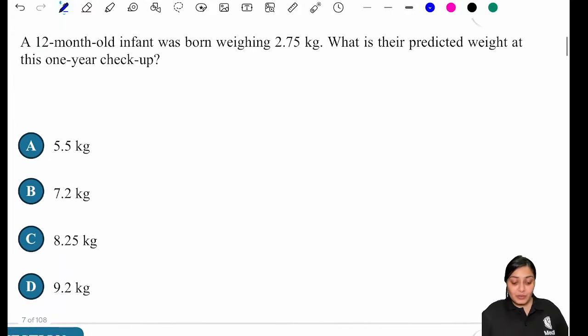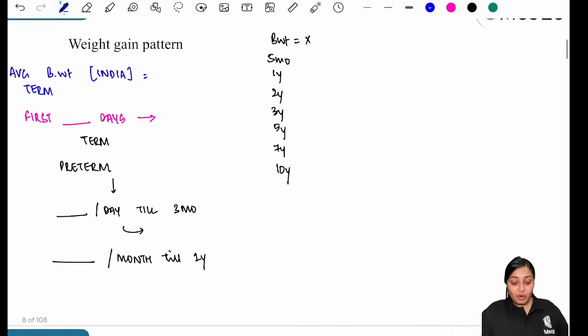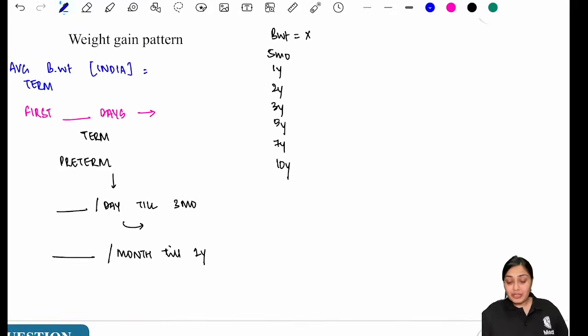Now let's move to the next question. A 12-month-old infant was weighing 2.75 kgs at birth. What is the predicted weight at 1 year checkup? The options we have are 5.5 kgs, 7.2 kgs, 8.25 kgs, or 9.2 kgs. So let's now understand how weight increases after birth. If you talk about the average birth weight in India, it's 3 kgs.